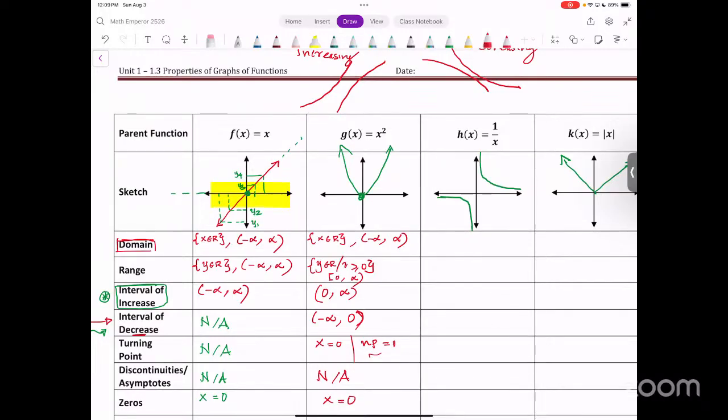Okay. Negative infinity to 0. And then there's a symbol, like a U. Yes, you're correct.